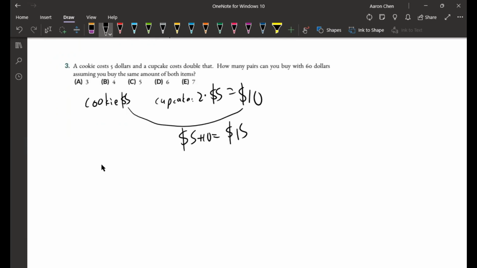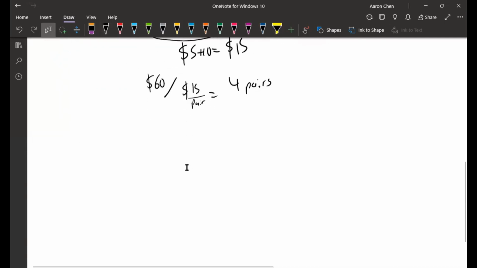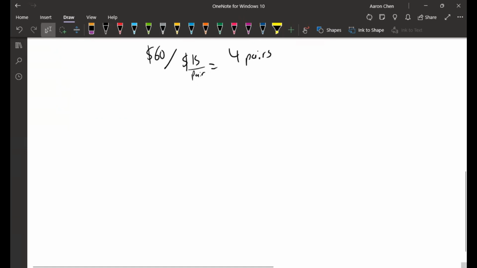Now you want to buy with $60, so $60 divided by $15 per pair is equal to 4 pairs. And that is choice B. You can also solve it how Brian put it in the chat. And next up is number 4.